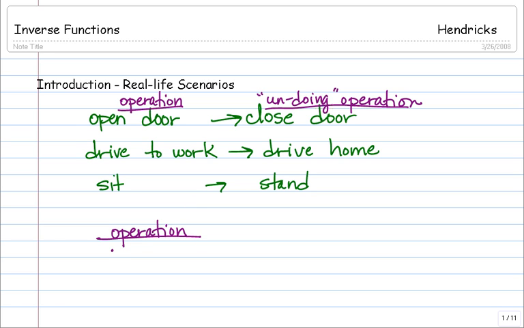What about cutting paper? Can you perform an operation to get it back exactly the way it was before you cut it? No. I mean, you can put some tape or glue or something like that, but it's not going to get back exactly the way it was before we cut the paper. Or cut your hair, right? What about brushing your teeth?